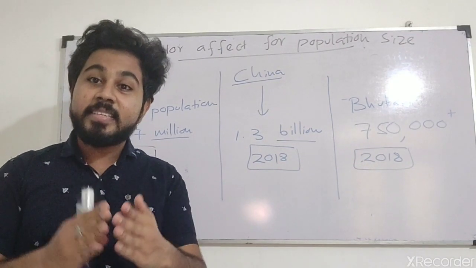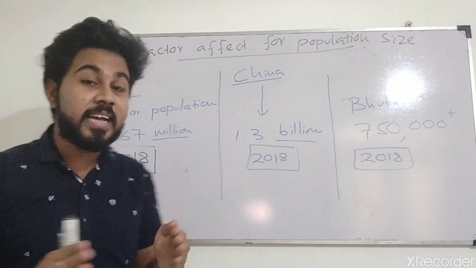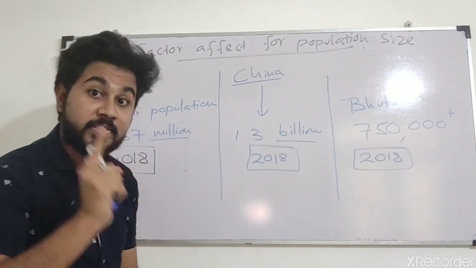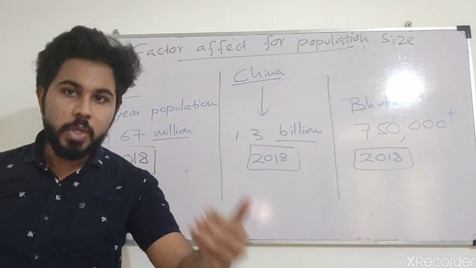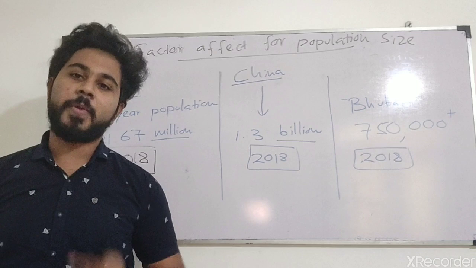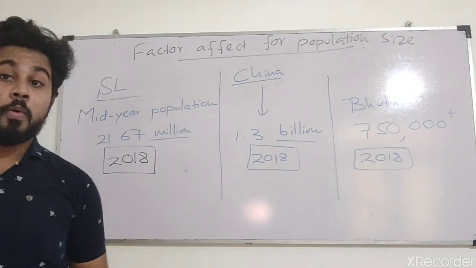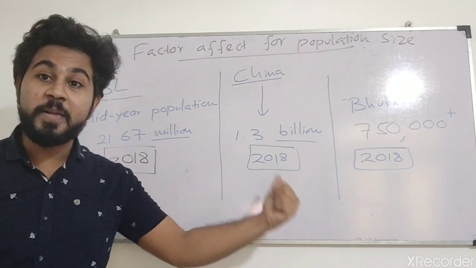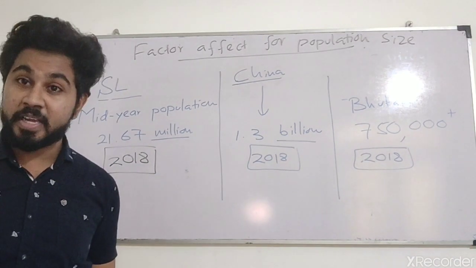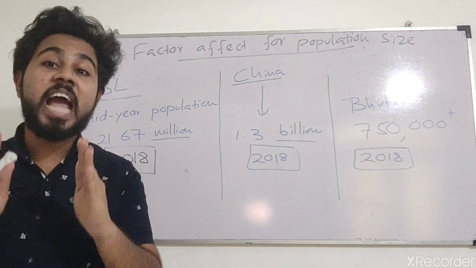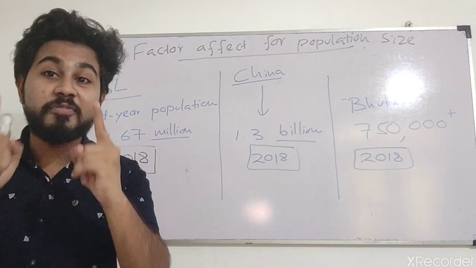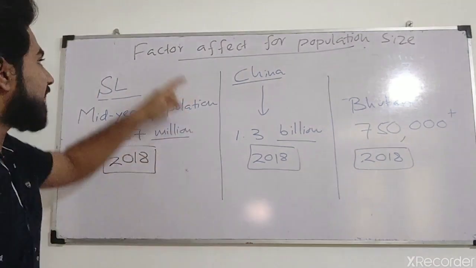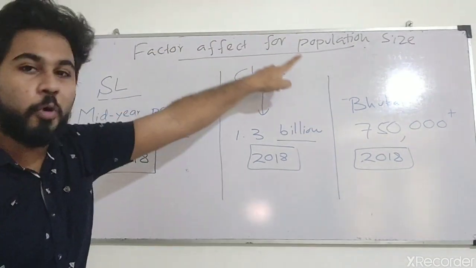See, the size of the population is different from country to country. Am I clear for you? So my question is, what are the factors that affect this difference between the sizes of the populations of countries? Factors which affect differences in the sizes of the population of countries are known as factors affecting population size.